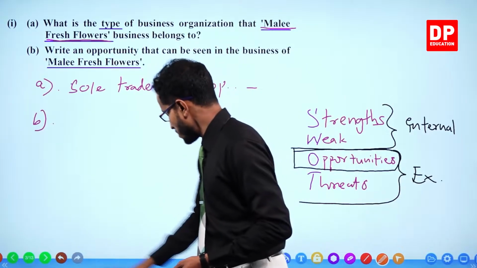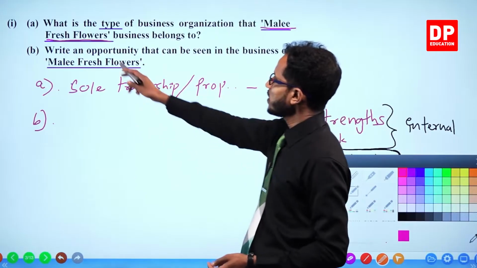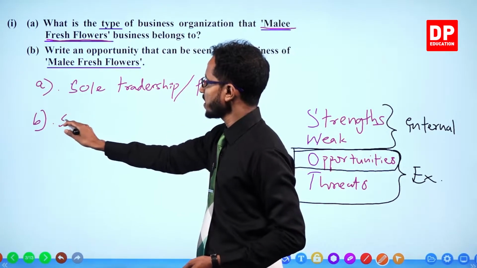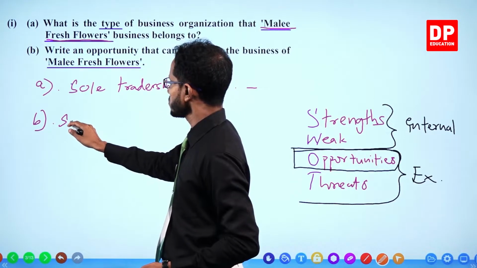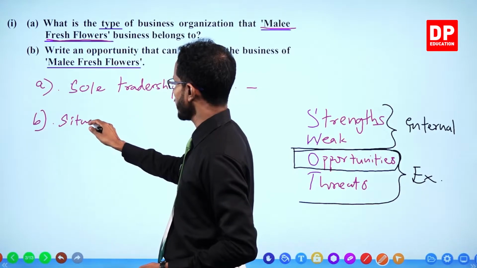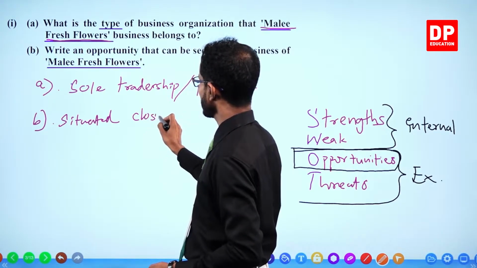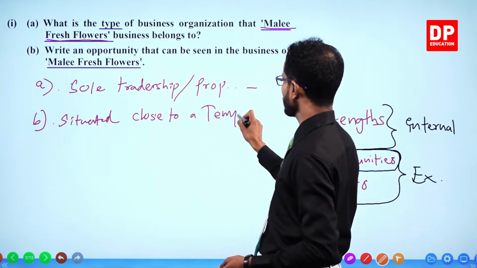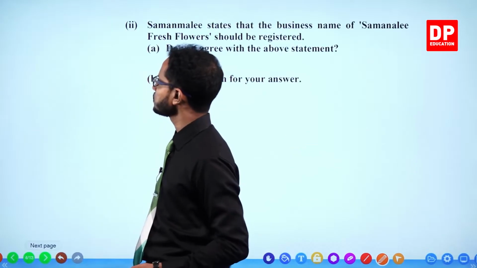So we will write that answer: an opportunity that can be seen in Mali Fresh Flowers is that it is situated close to a temple. First question done.